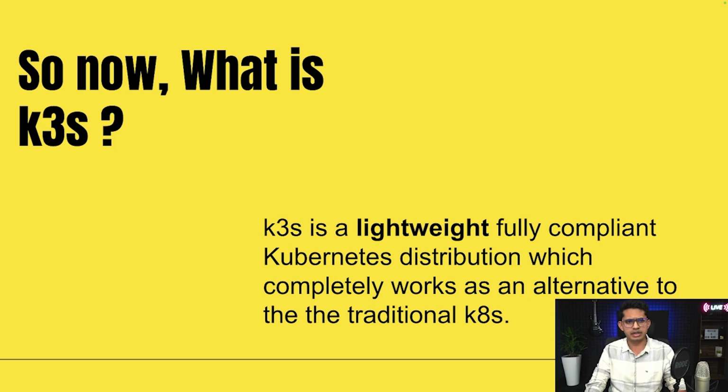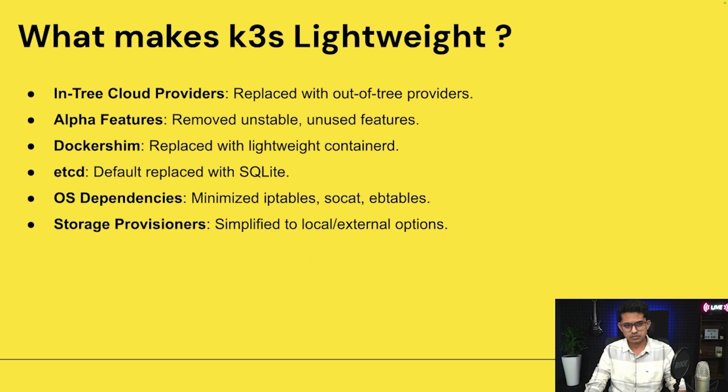So let's take a deep dive into how K3s helps us. What makes K3s lightweight? It has a lot of pointers, but these are some of the few which I find really made K3s stand out. First is the removal of in-tree cloud providers.